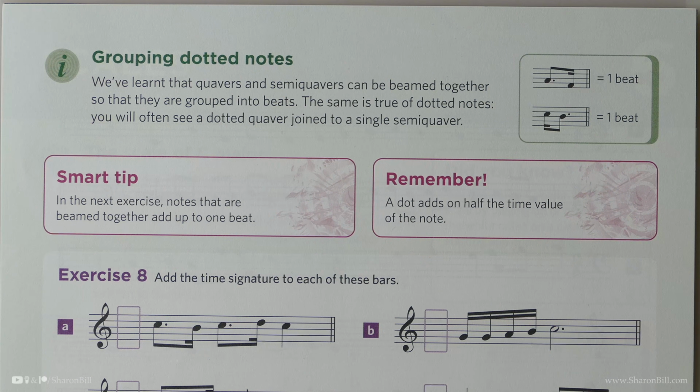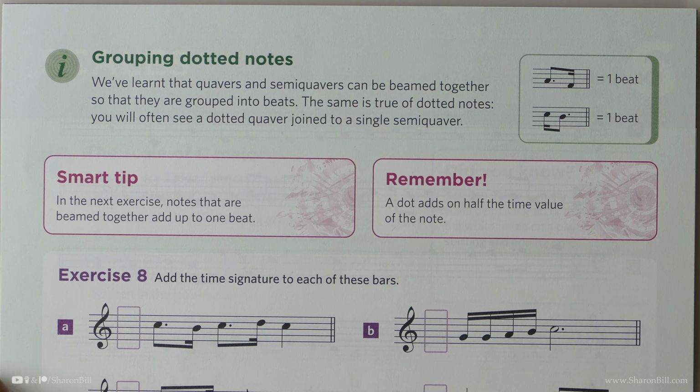We're continuing with the topic of rhythm, looking at dotted notes a little bit further now on page 27 of Grade 1 Discovering Music Theory. Now, we already know from previous chapters, if you want to recap, by all means, pop back to pages 2 and 13 for those new sections that we first covered.